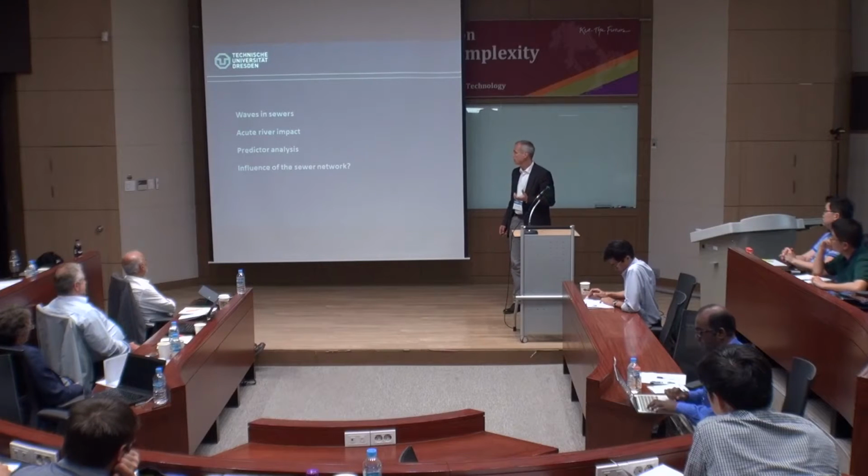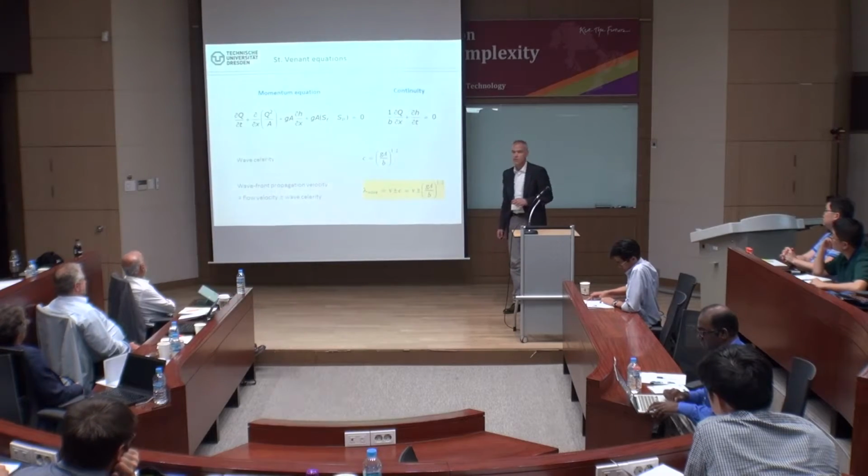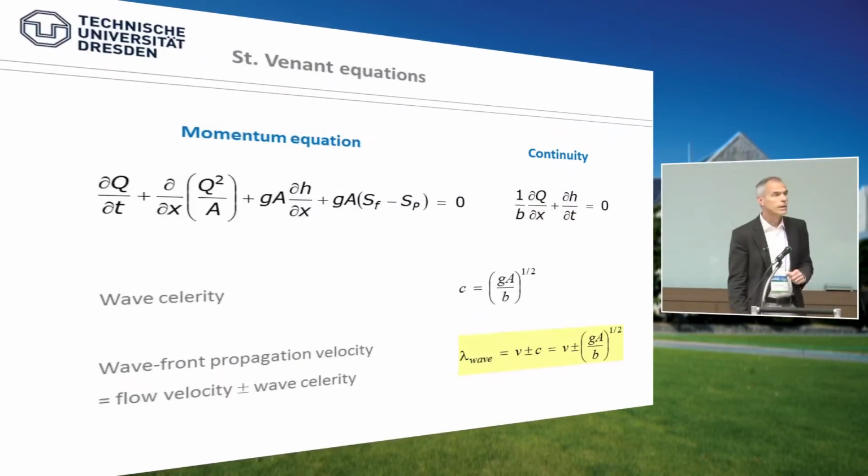For those who do not know what combined sewer overflows are, I will try to explain it in a few words. Then we did a predictor analysis, what might be responsible for those peak impacts to rivers, and then I will ask questions about the interactions with the sewer network.